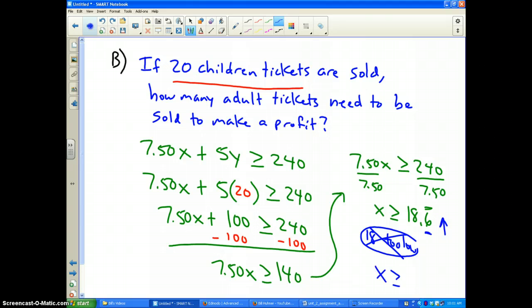So therefore we need to write x is greater than or equal to 19 tickets would be the correct answer to this problem. We need to round to the nearest whole number. And that is how you solve a word problem using linear inequalities. And as you can see, this is a real-life example, a problem that could be used in a business someday to help them judge how many tickets need to be sold so they turn a profit.